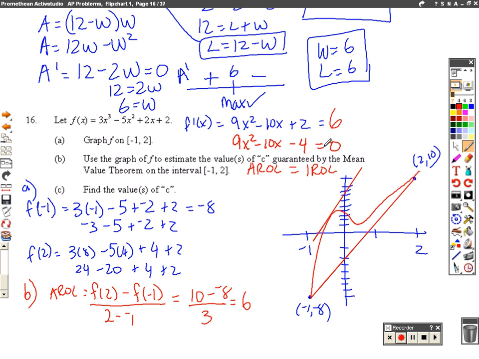Okay, I am going to minus 10x plus 2. When does that equal 6? I'm going to do second calc. I'm going to find my intersection points right there. Oh, not this, not the intersection, the zeros. The zeros, so somewhere there, 0, somewhere in between.